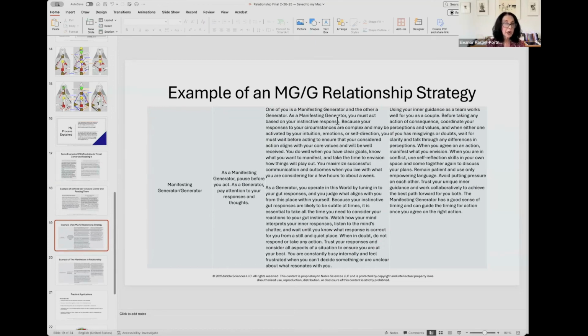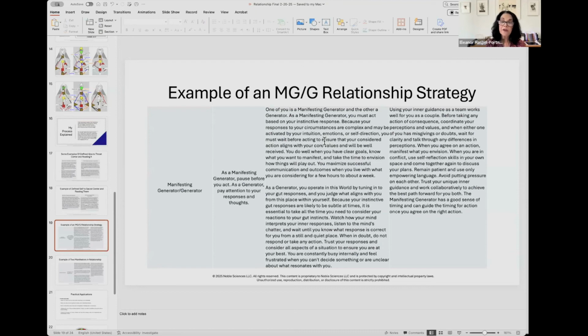One of you, and what I wrote is, one of you is a manifesting generator and the other is a generator. As a manifesting generator, you must act based on your instinctive response, and because your responses to your circumstances are complex and may be activated by your intuition, emotions, or self-direction, you must wait before acting to ensure that your considered action aligns with your core values and will be well received.